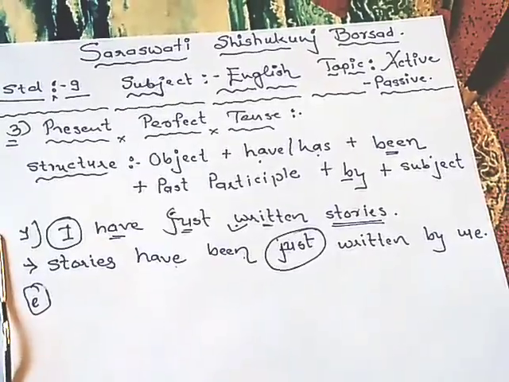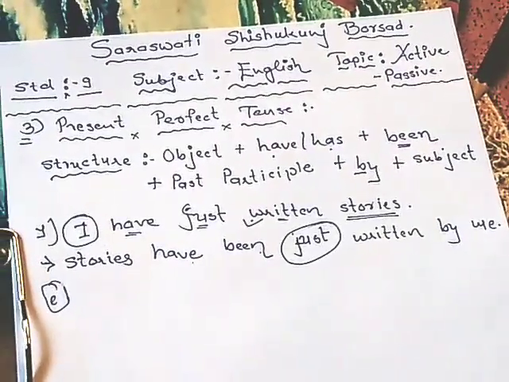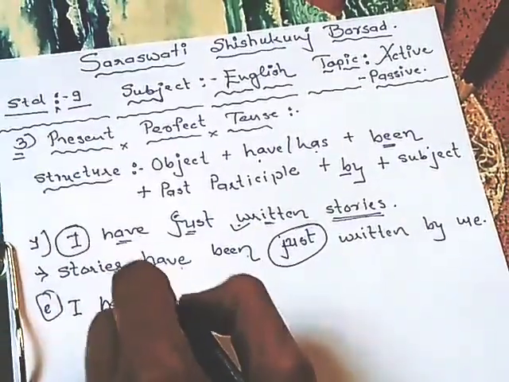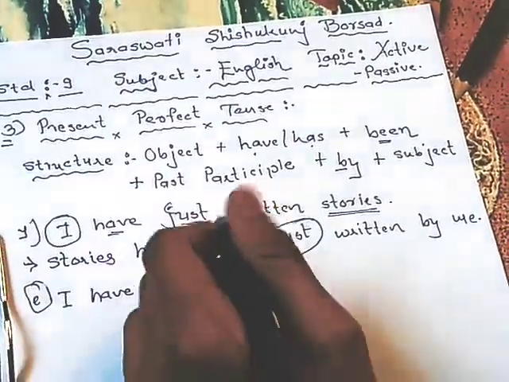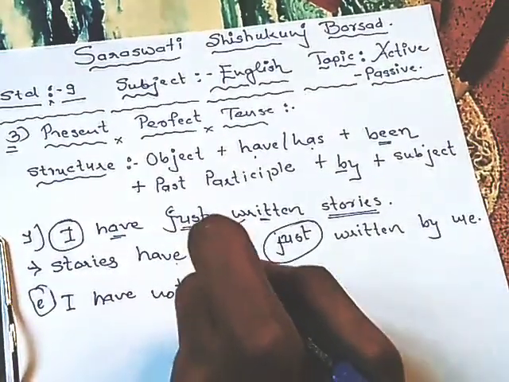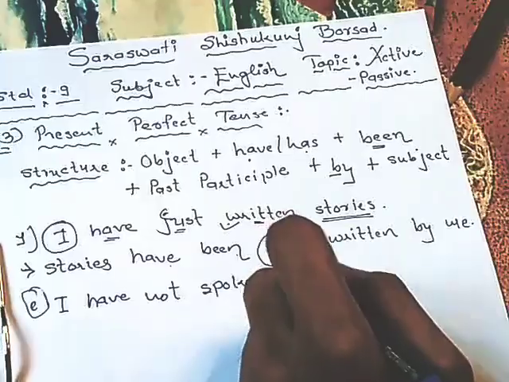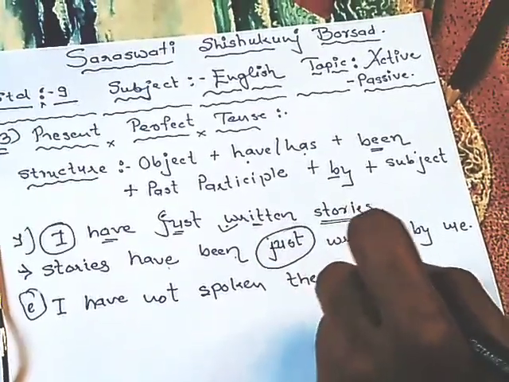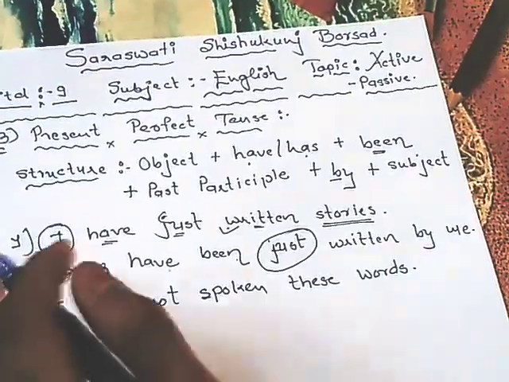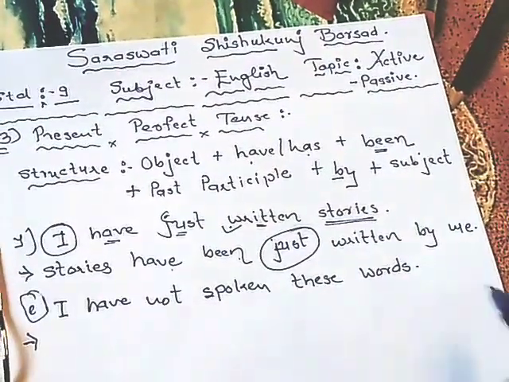Second one, let us see the negative sentence. I have not or I haven't spoken these words. As what we have done here, let us do here.